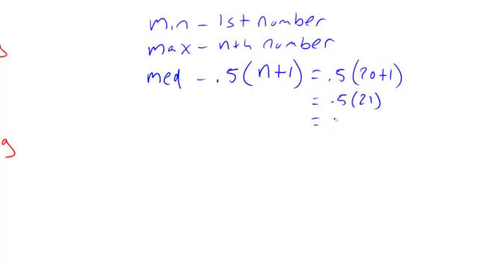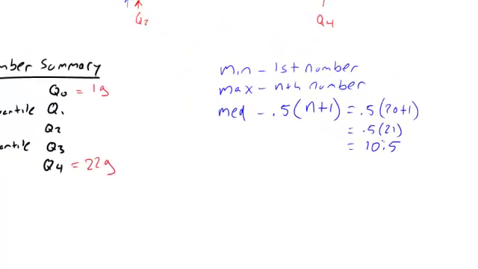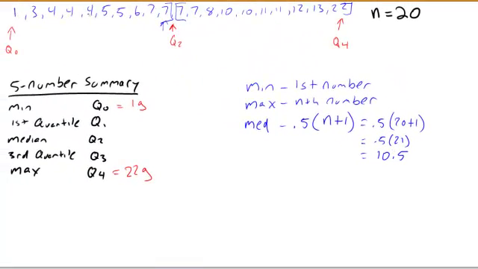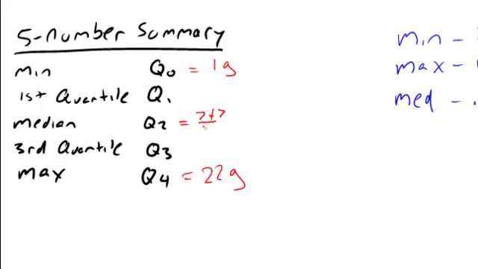Half of 21 is 10.5. Let's count over: 1, 2, 3, 4, 5, 6, 7, 8, 9, 10 and a half. When I'm between two numbers, I take the average of those two numbers. So the median equals 7 plus 7 divided by 2, which is 14 divided by 2, giving me 7, and you guys already kind of knew that. So n plus 1 position is 10.5.